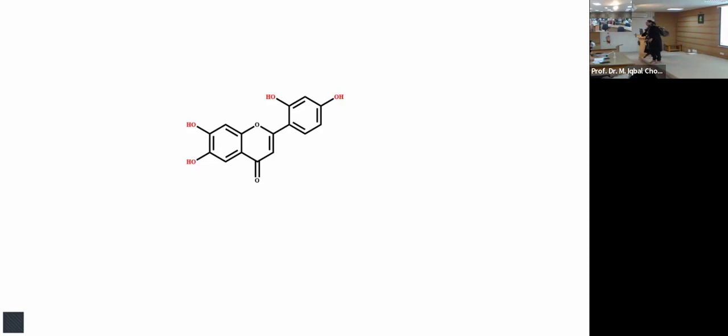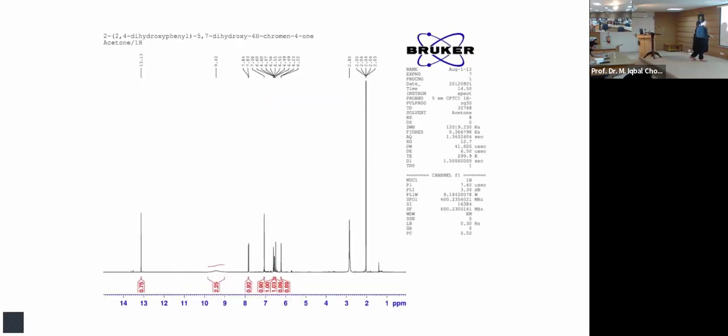If you are using methanol, you probably will not observe any proton. Usually, when we are solving the structure, unless we are studying some kind of hydrogen bond, we do not assign the proton of hydroxyl.